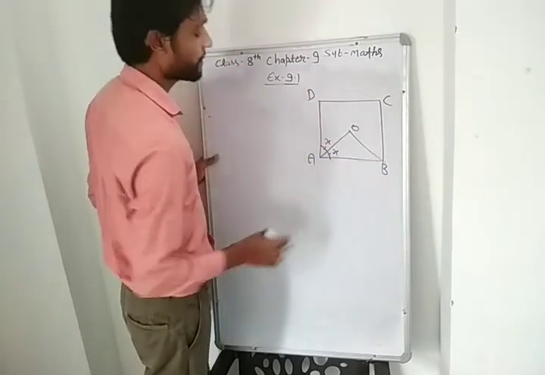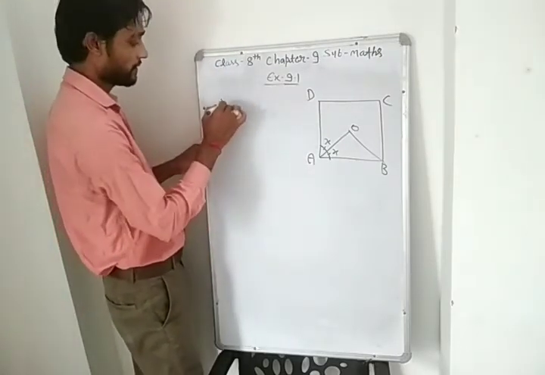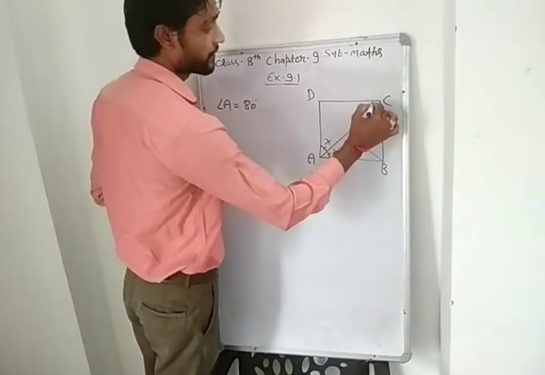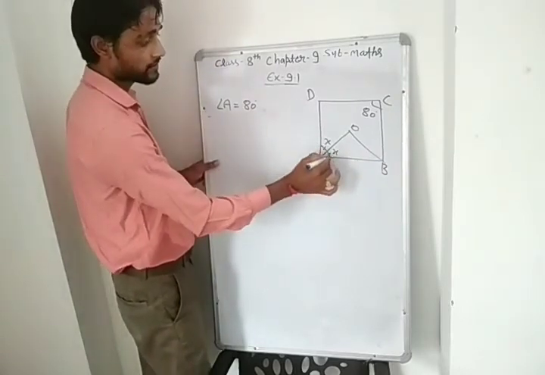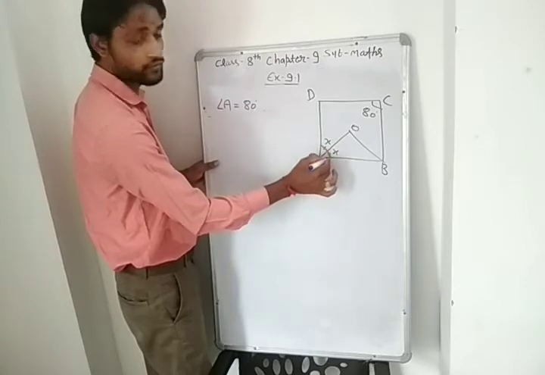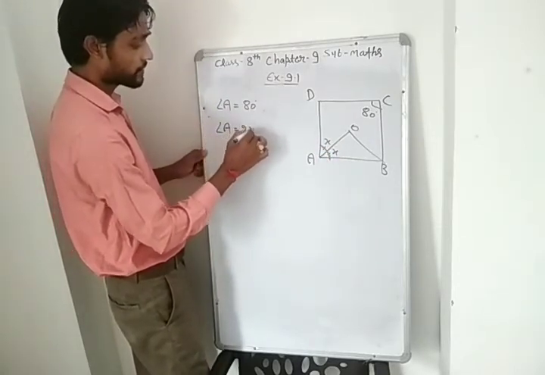Now angle A is equal to 80 degrees. Here is the opposite angle, so it means this one is 2x. X plus x, the whole angle, is 2x. So angle A is equal to 2x.